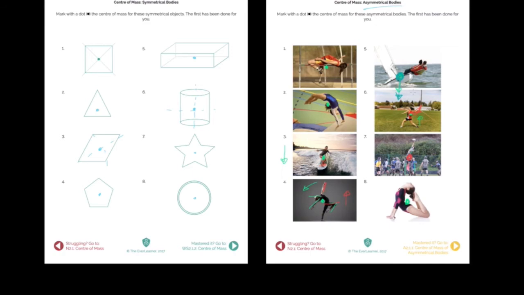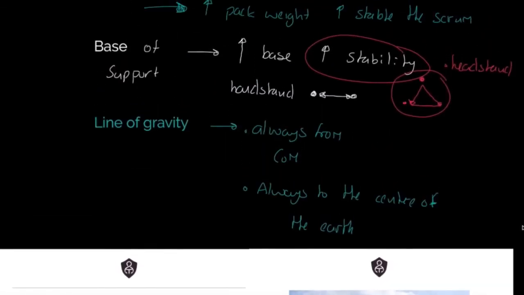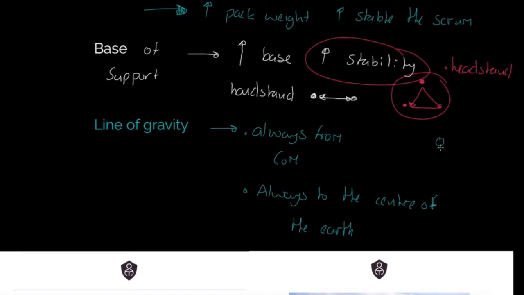If the center of mass was to be outside that base, think about someone like a skier whose skis are in that position, skiing down a mountain, but their center of mass is outside of their ski position. They're more likely to slip and slide as a result of their center of mass, or their line of gravity, not being above their base of support. So line of gravity should be above base of support if we want stability.